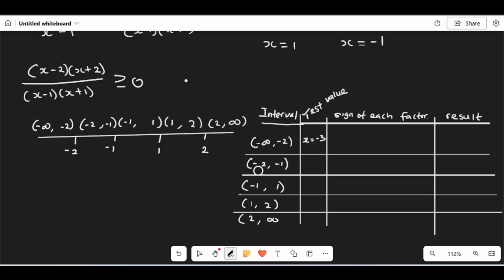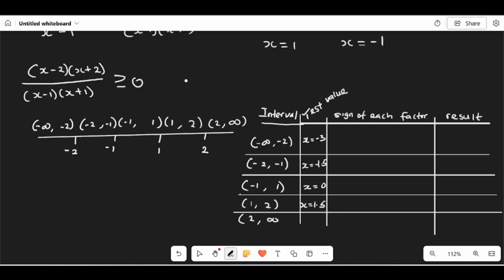Between minus 2 and minus 1, we can pick minus 1.5. Between minus 1 and 1, let us pick 0. Between 1 and 2, let us pick x equal to 1.5.